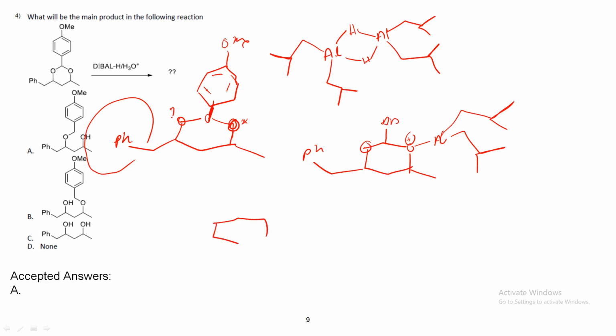Another possibility is the methyl side. So possibilities are there, but here you can see it would face an interaction with this phenyl group, which is very bulky compared to this one. That's why the system prefers to form this over that one. So this should be formed.